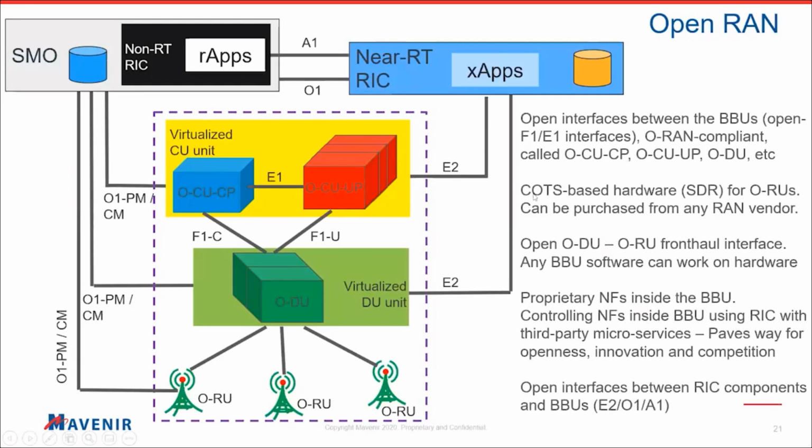O1 and E2 are new, open interfaces. So what can be done is that operators and third parties who want to optimize the RAN can deploy their solutions as extensible applications inside the RIC. And then with the open interfaces O1 and E2, these extensible applications can control the functionality of the RAN.